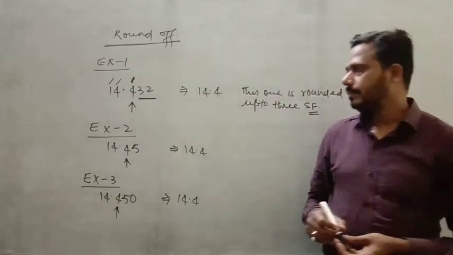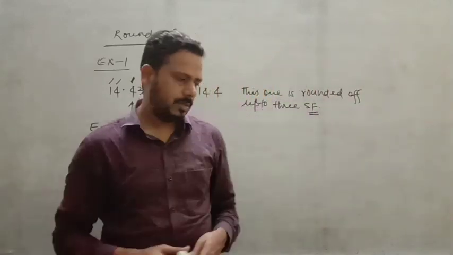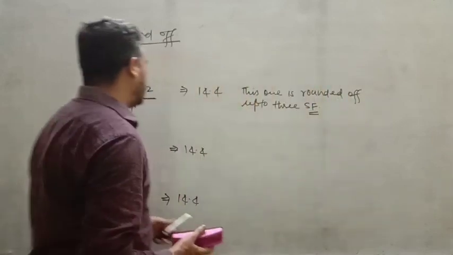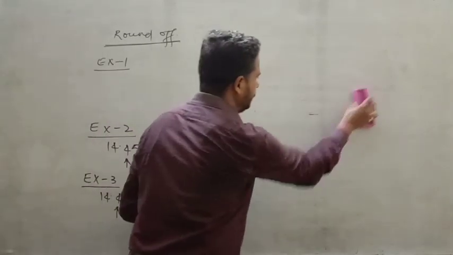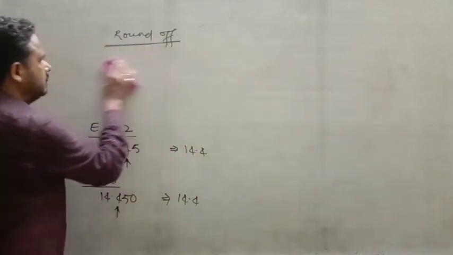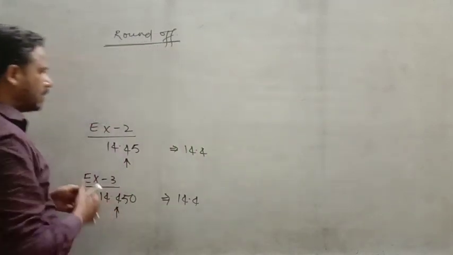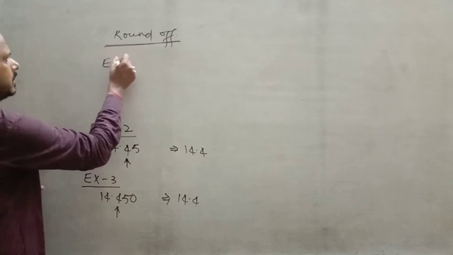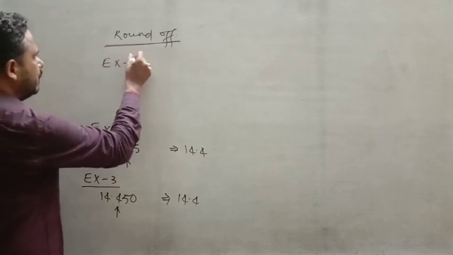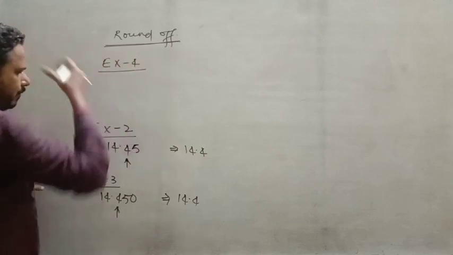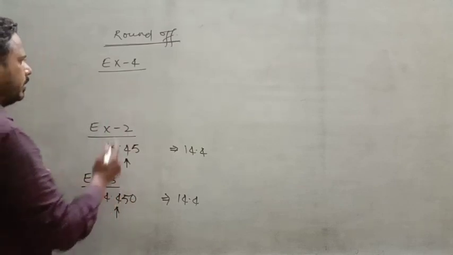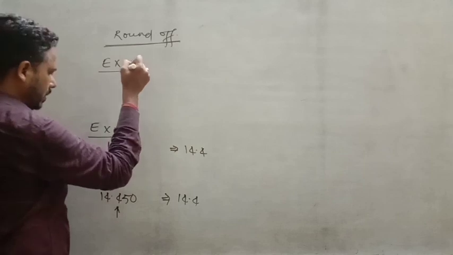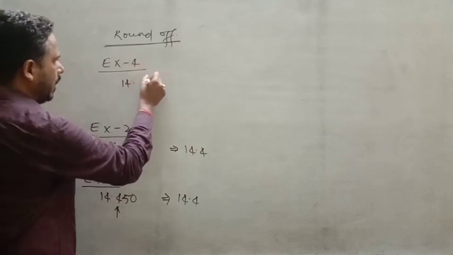Alright. Now next rule, like an example. Suppose I am taking the next one, 14.4, 5 and 1.